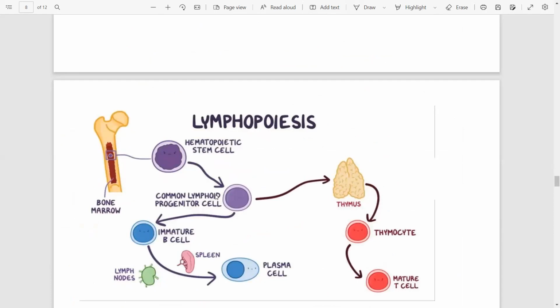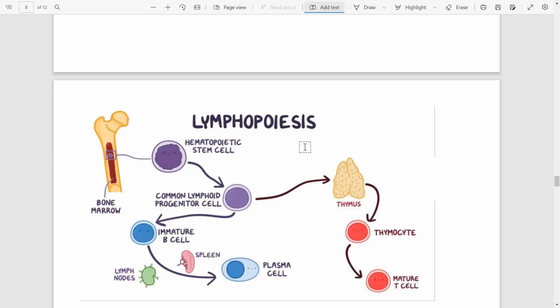It is able to form our lymphoid progenitor cells. Some of them will go off to form immature B cells and some will go off to form immature T cells. The immature B cells will develop in the bone marrow, and after they have become mature, they will then go to the spleen and other areas. But immature T cells go to the thymus.